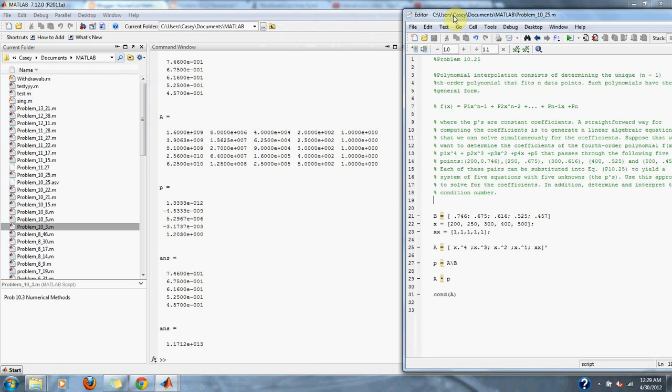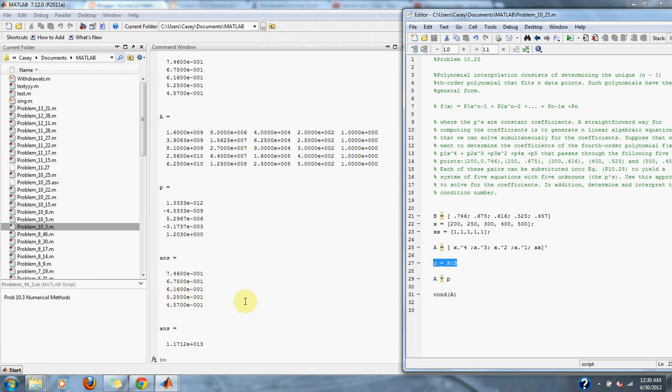That was found by using the equation given to us in the problem, setting it in matrix form, and using the coinciding x values to find this matrix. And then here's our solution from A backslash b. So here are our coefficients, and then when we multiplied our matrix by our coefficients, we're back where we want to be at our y values.